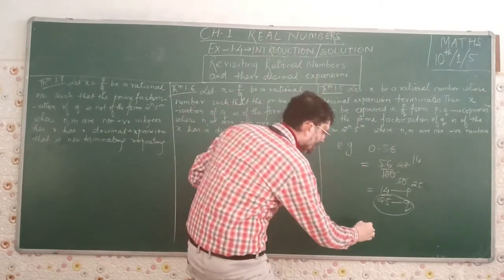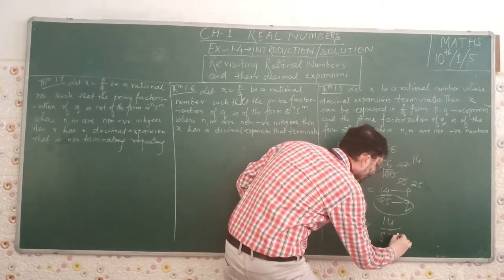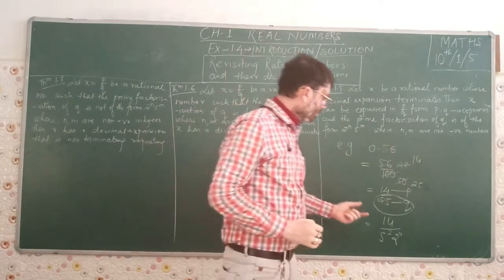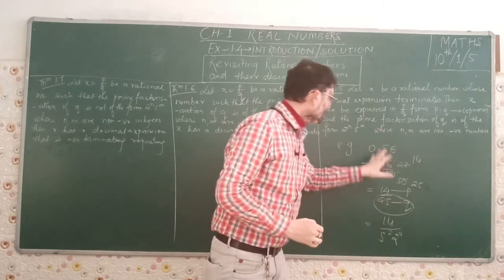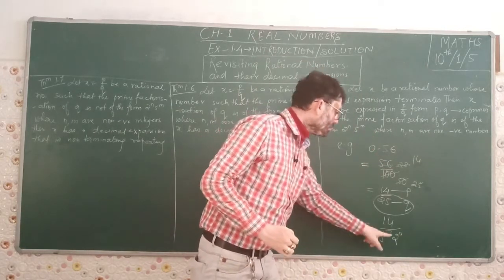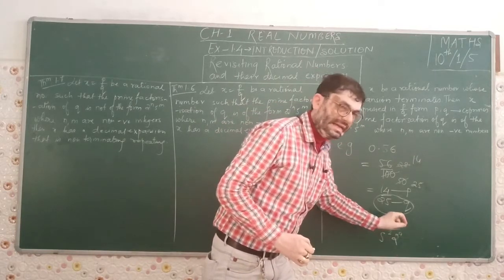So this can be written as 14 upon 5 to the power 2, 2 to the power 0, where n is 0 and m is 2, and m and n both are non-negative integers.